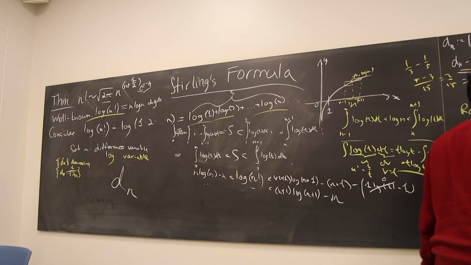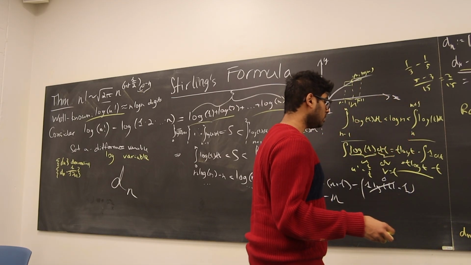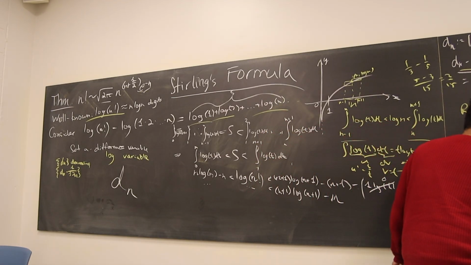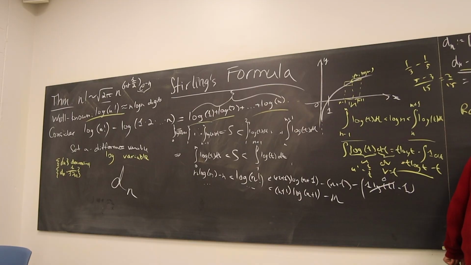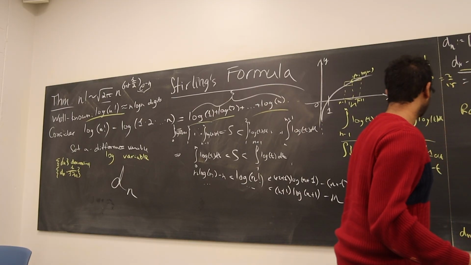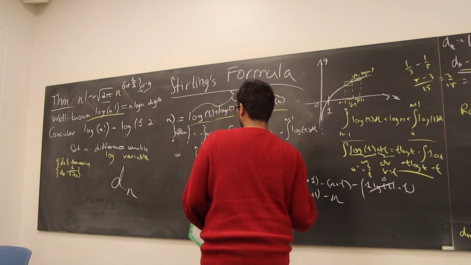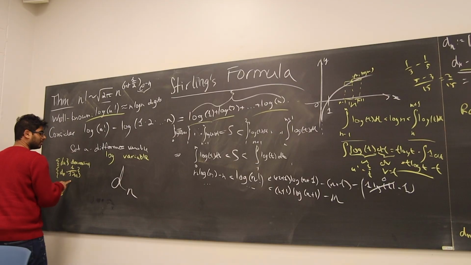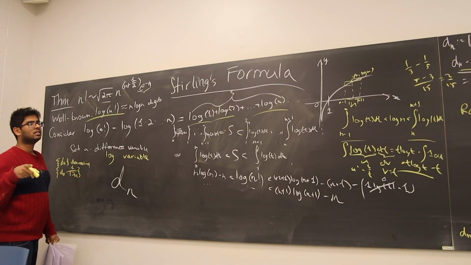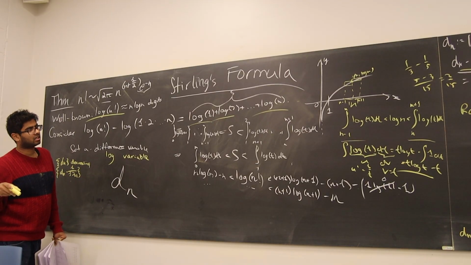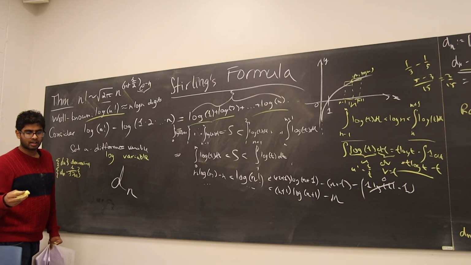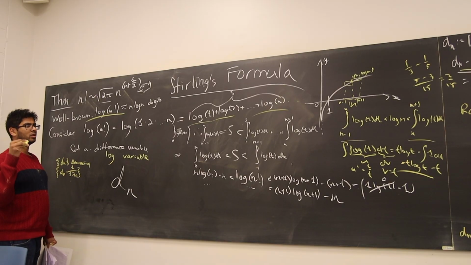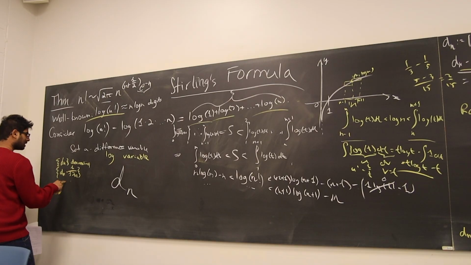We'll keep the strict inequality. So this is less than this, which equals 0. The kinks are kinks. So now dn minus 1 over 12n, since the difference is less than 0, that's like going from 3 to 5: 3 minus 5 is minus 2, which means this sequence is increasing.